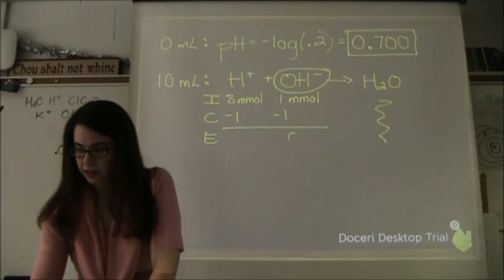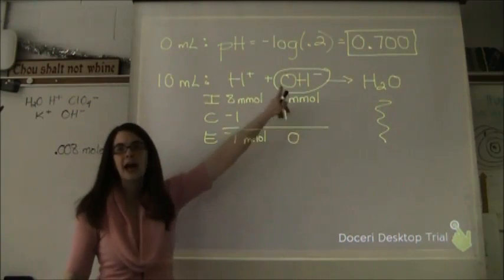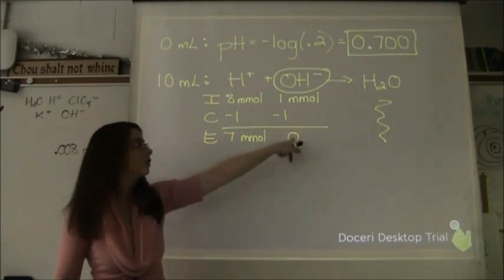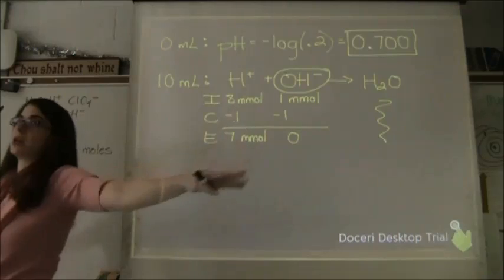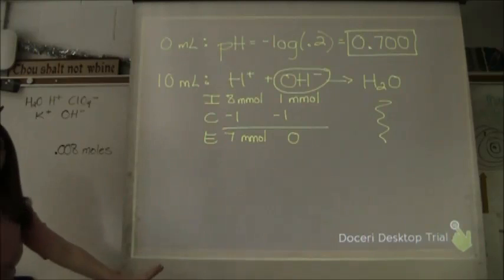Because look at what I have for OH. The reactant that is completely used up at the end. The numbers support the theory. Okay. Now we're not quite done yet.